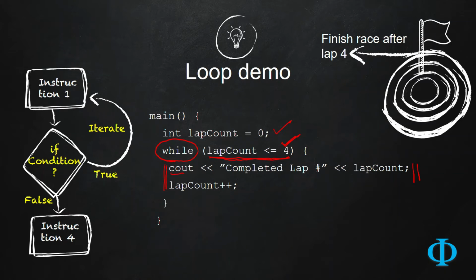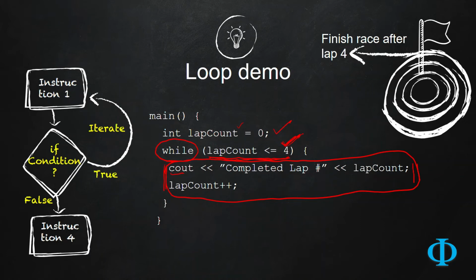And the lap variable name, I have changed from lap to lap count. That's it. So this is the basic concept of loop in C++. Until this condition holds true, it will execute everything inside this while loop again and again and again.